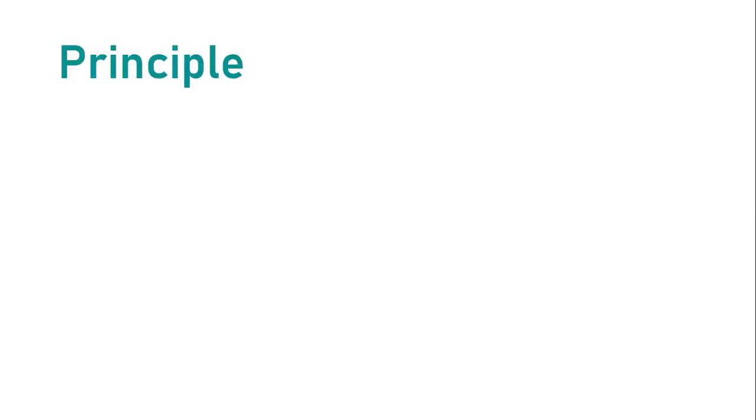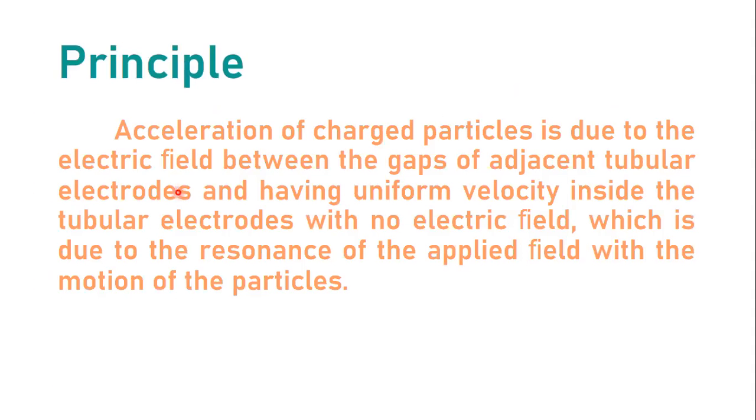Linear accelerators: principle. Let us look at the principle. In a linear accelerator, acceleration of charged particles is due to the electric field which is present between the gaps of adjacent tubular electrodes, with uniform velocity inside the tubular electrode where there is no field, which is due to the resonance of the applied field with the motion of the particles.